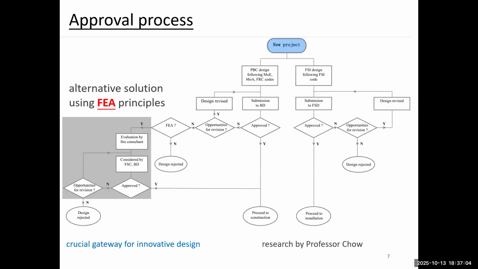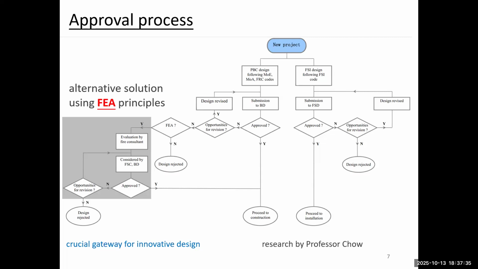This flowchart is from research by Professor Cho. It illustrates the approval process. It shows two parallel streams. One of them is the prescriptive-based code design, that is PBC, submitted to the Buildings Department. The other one is the fire service installation, the FSI, which is submitted to the Fire Services Department.